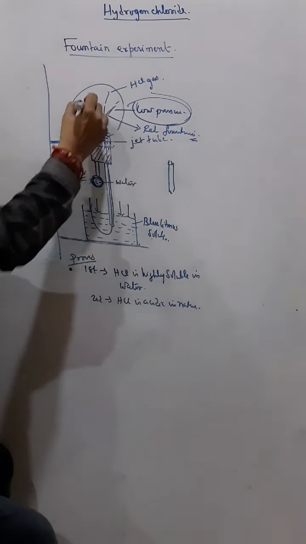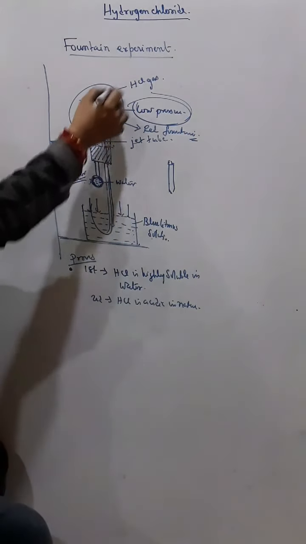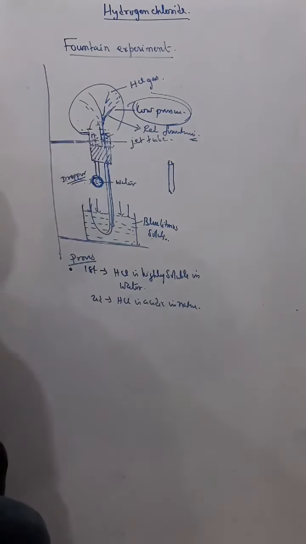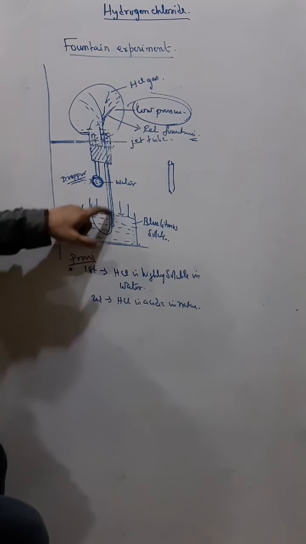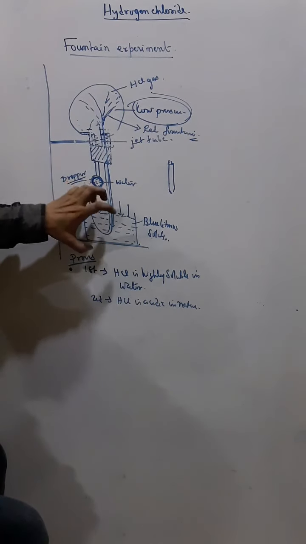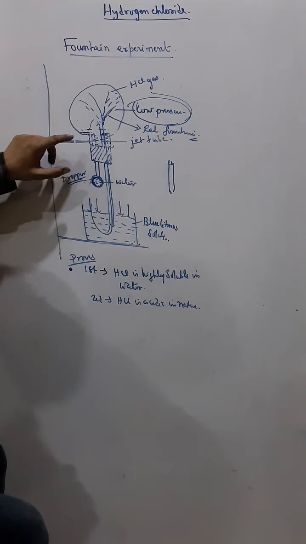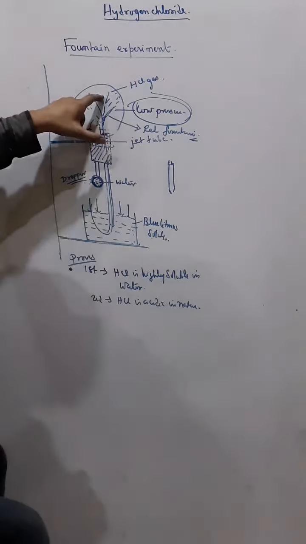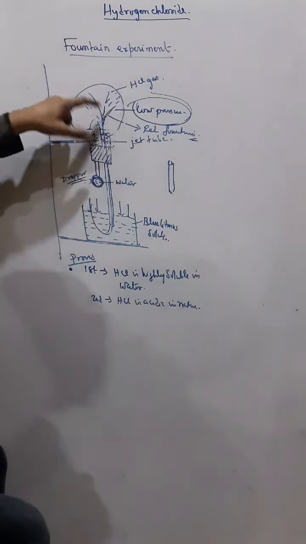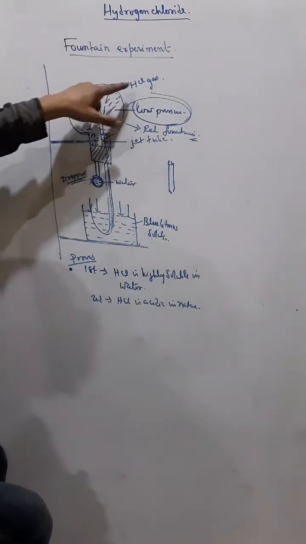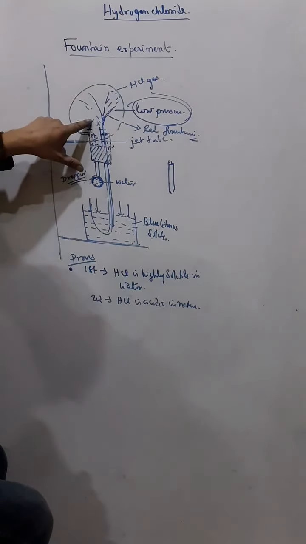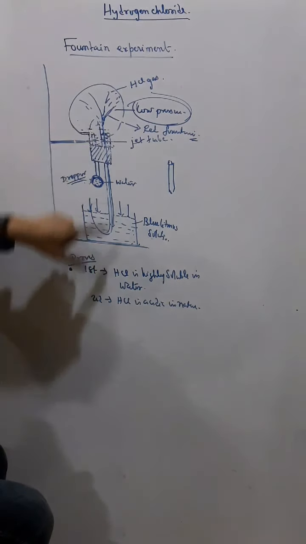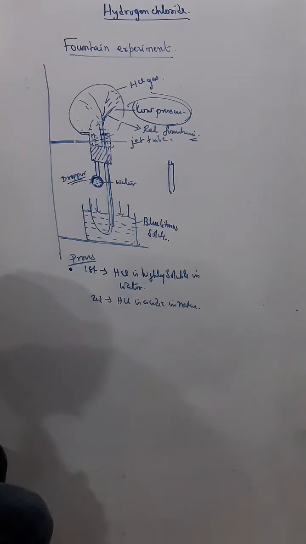So you'll see a red fountain, continuously, as long as this water is here. The first thing to understand is why the fountain has occurred, why the water is pushed up: because there is low pressure. Why is there low pressure? Because the HCl gas dissolved in water. That proves that HCl is highly soluble in water.